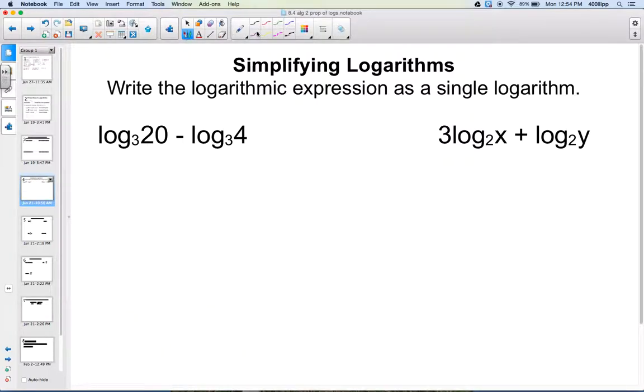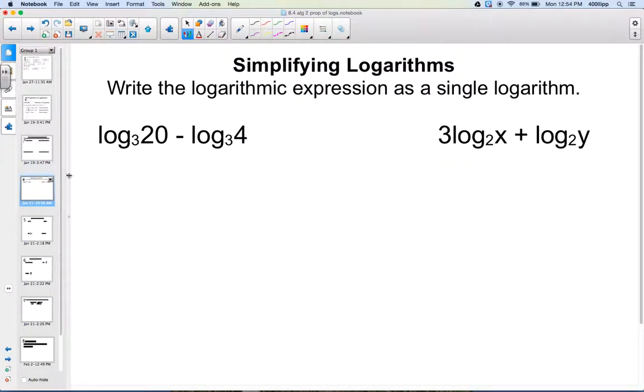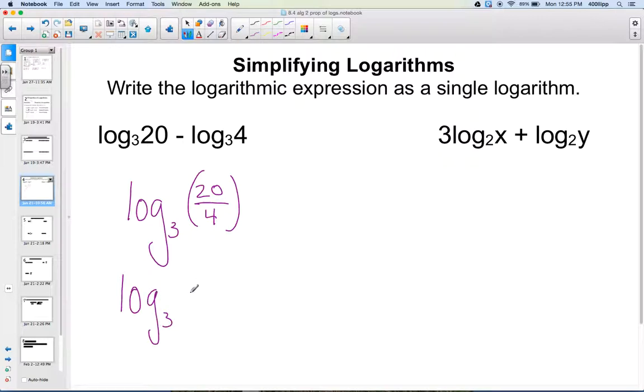The base is a 3, and then we know we're subtracting the logs. So when we subtract the logs, we'll keep that base 3 and we divide these numbers, 20 over 4. So that will give us log base 3 of 5, and that's written as a single log.